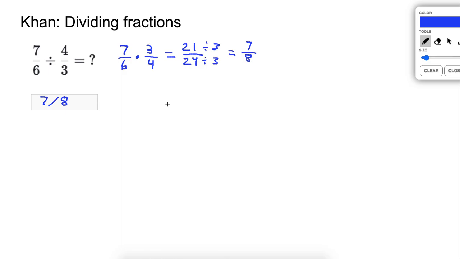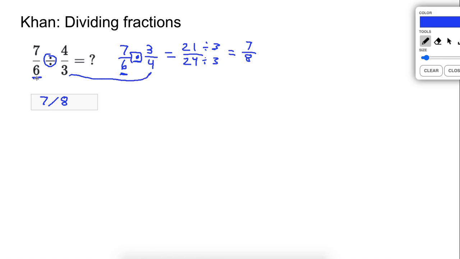Good luck with these. Let me know if you have any questions. Again, notice the first fraction stays the same. A lot of people call it keep it. So keep the first fraction. Change the sign from division to multiplication. And then flip it. So we flip that last fraction.